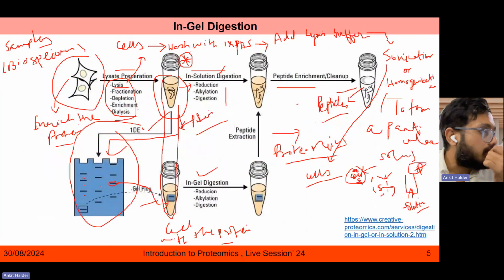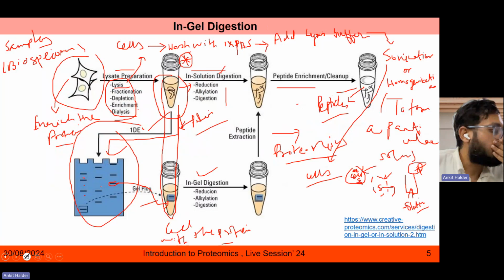This is basically the workflow you can choose to test your particular hypothesis or experiment.